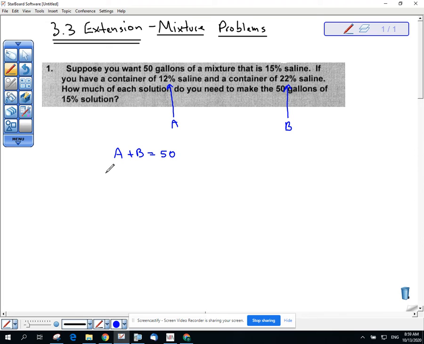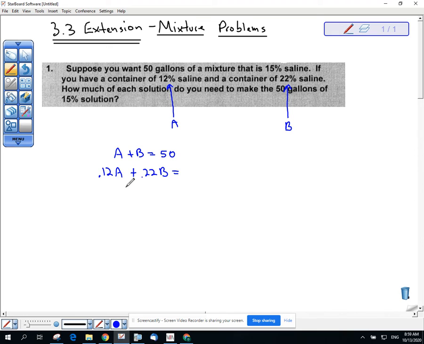Now, the second part is also fairly simple until the end, because you want 12% of A and 22% of B. If you change the percentages to decimals, you'd have 0.12 of A plus 0.22 of B, and that's got to be equal to, and what a lot of people will say here is 0.15.